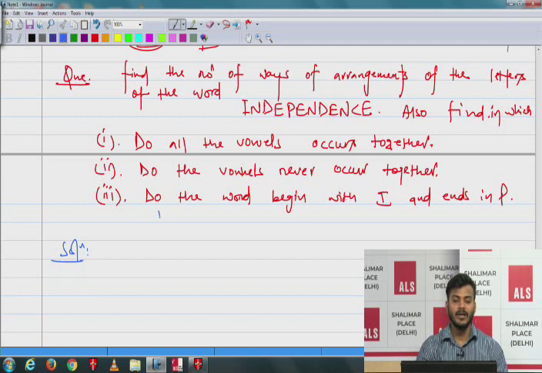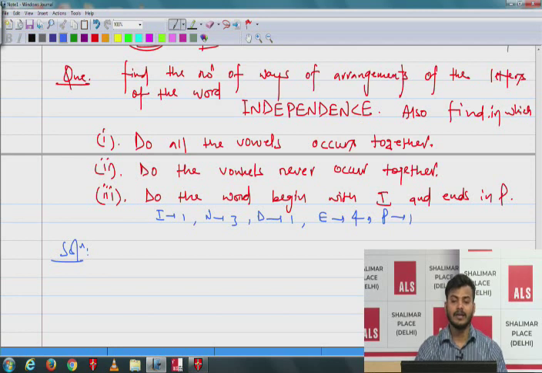Let me count how many I's are there. 1. How many N? 3. How many D? Only 1. How many times E? 1, 2, 3, 4. So that is 4. How many times P? Only 1.